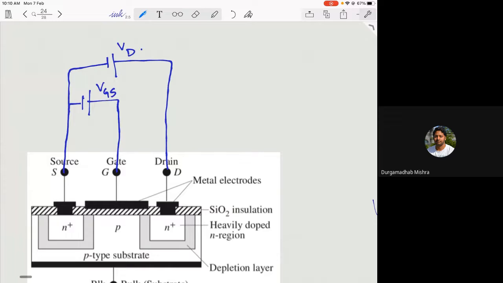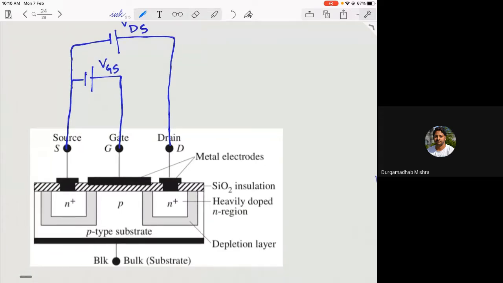You have drain to source or source to drain, VDS. So this is the voltage you are applying between source and drain, and you also need to connect your source to the back plate of the substrate, so that they are all in the same potential, so there is no flow of electrons across the device.